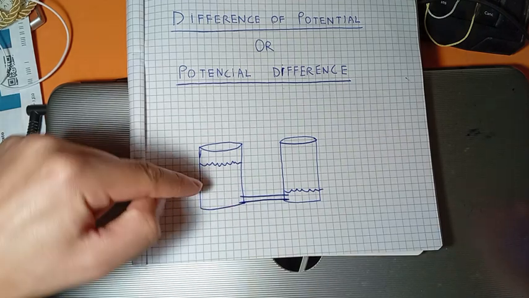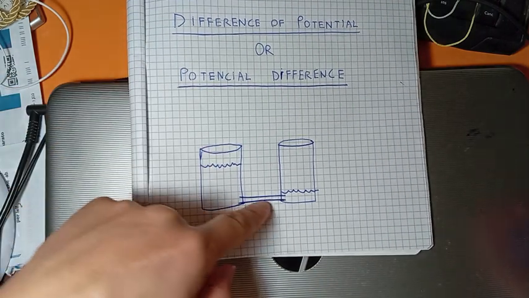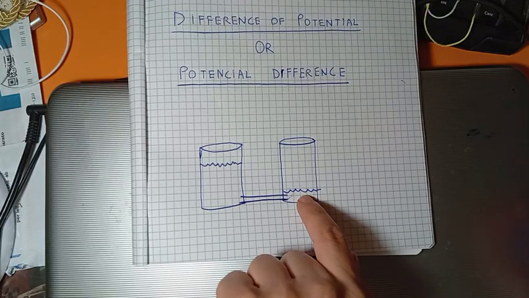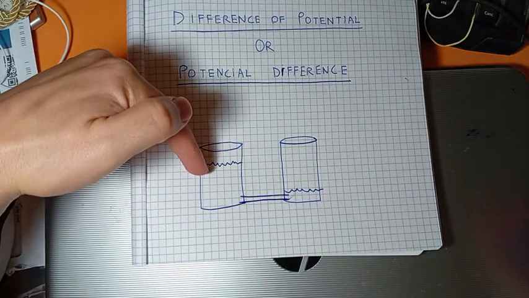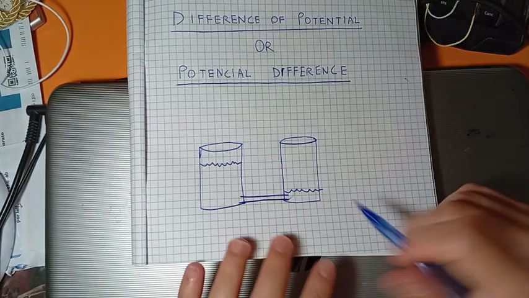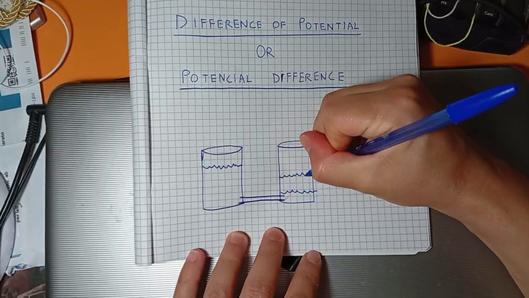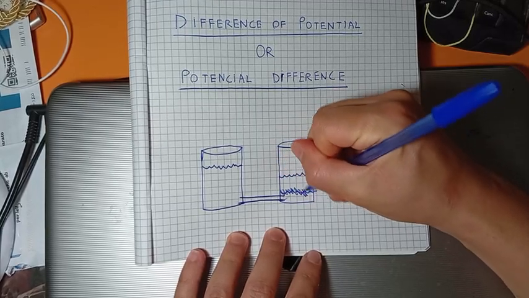Well, what will happen now is that the water contained here will flow into this other vase, because here we have less water. So water will flow from here to here. And the water level here will rise up, maybe till this level. This doesn't exist anymore.